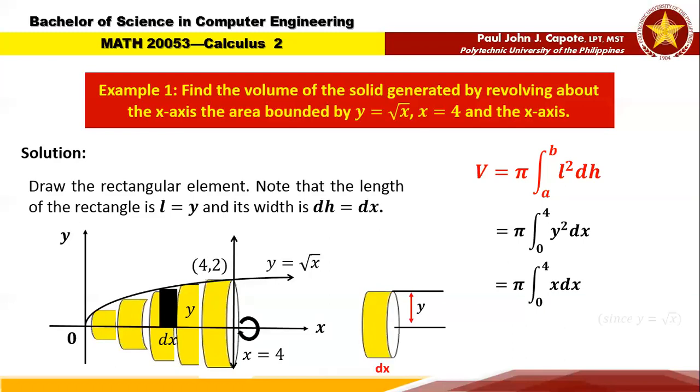Integrating this, we get x squared over 2, and we are to evaluate this integral from 0 to 4. Doing the evaluation, we arrive at the answer. The volume is equal to 8 pi, or approximately 25 cubic units.